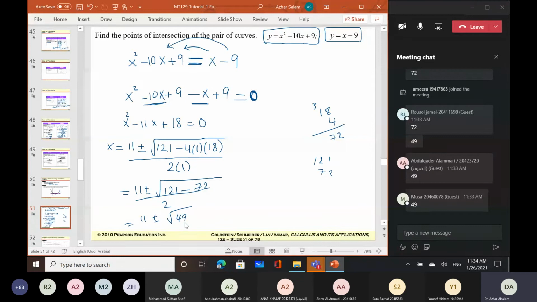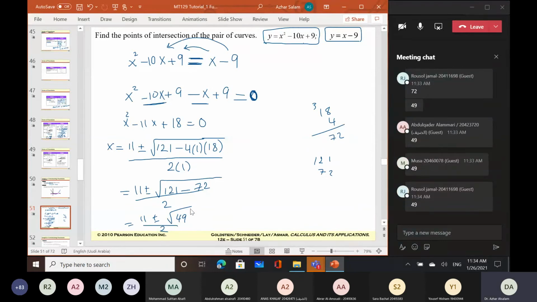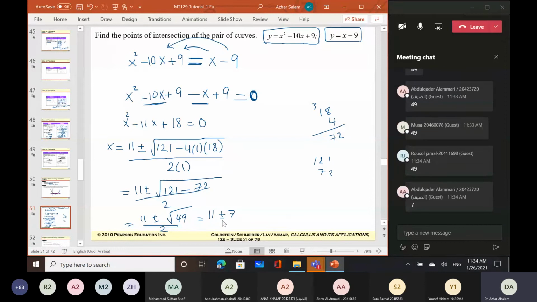Yes, 49. Divided by 2. The square root of 49, it's known, which is 7, plus or minus 7 over 2.